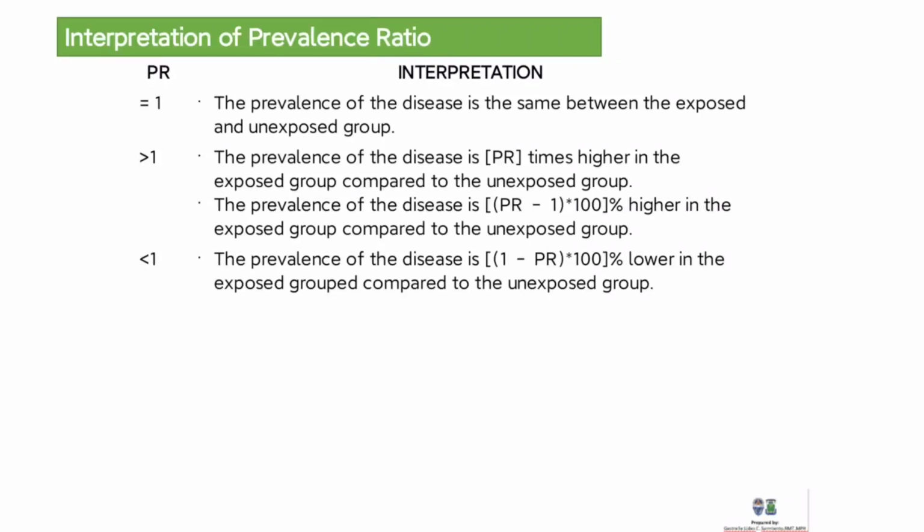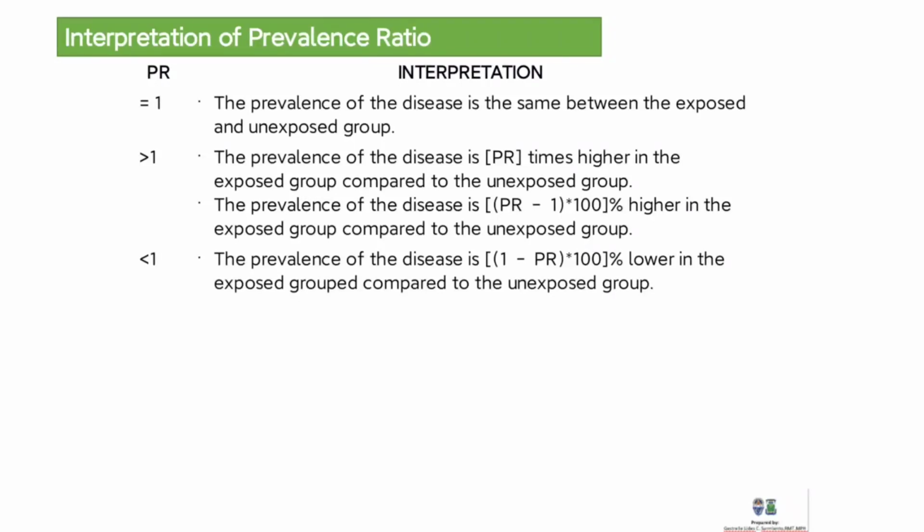Kapag naman more than 1 yung magiging computed value mo sa prevalence ratio, the interpretation would be the prevalence of the disease is kung ano yung value mo dun sa prevalence ratio times higher in the exposed group compared to the unexposed group.